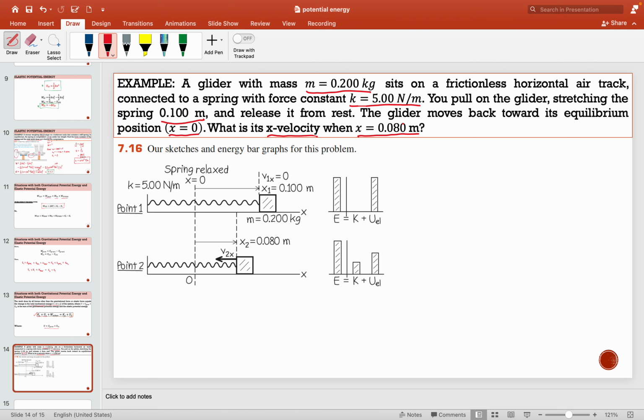meter? Okay, so now here we have our sketches and energy bar graphs for this problem.